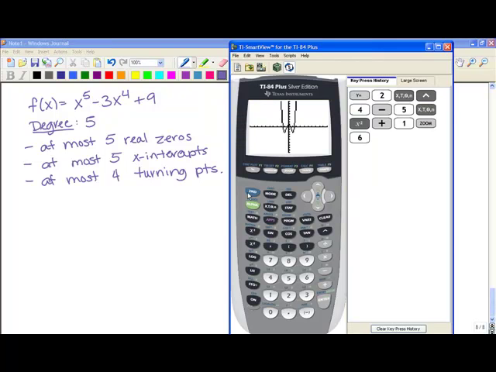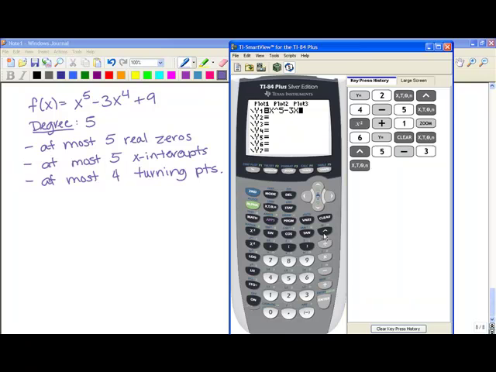Now let's go ahead and graph this one, see what it looks like. x to the 5th minus 3x to the 4th plus 9. Zoom 6. Alright, now this graph goes up.